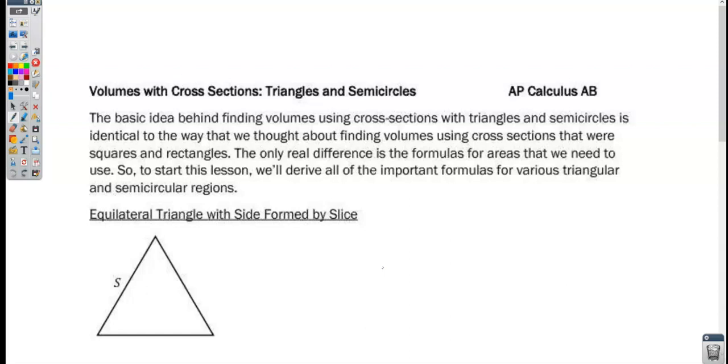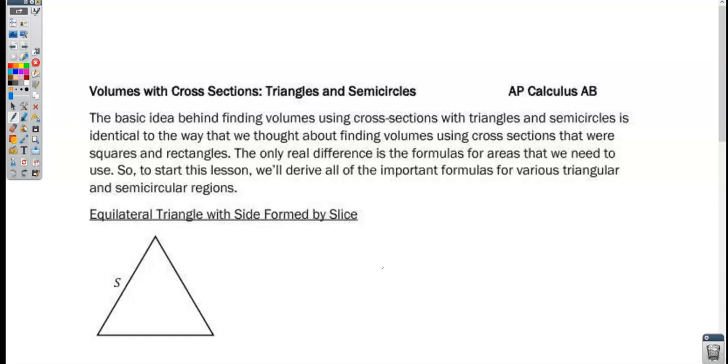The only real difference between the last section and this section: last section we used cross-sections that were squares and rectangles. In this section we're going to use cross-sections that are triangles or semicircles. And we're going to look in the first page here at developing the area formula for the most common of these.